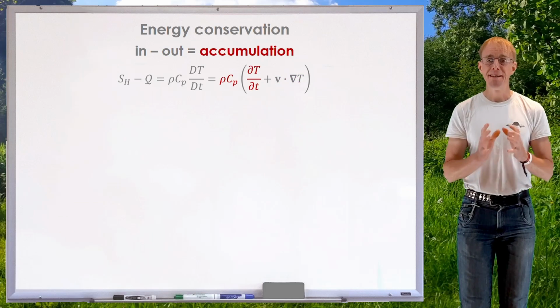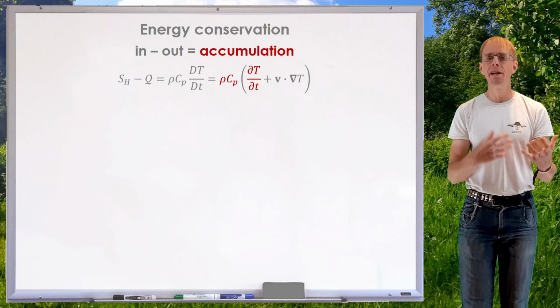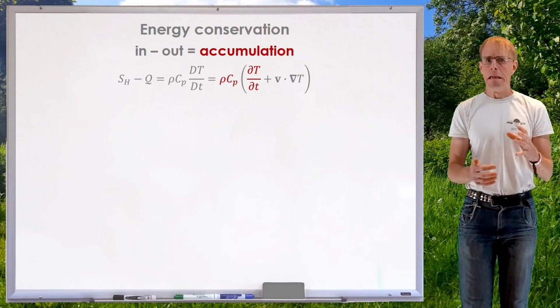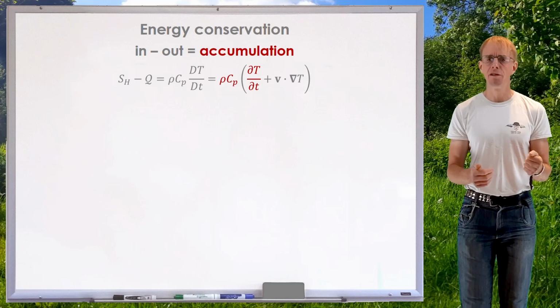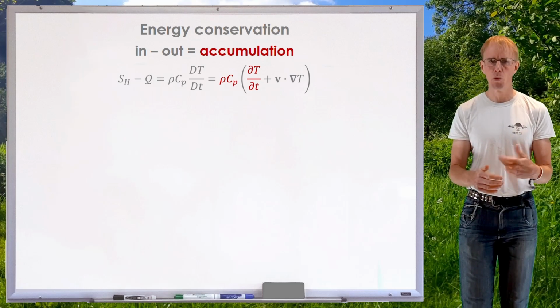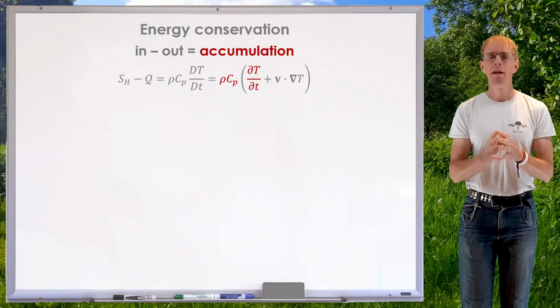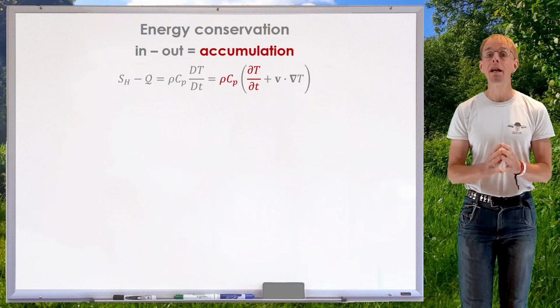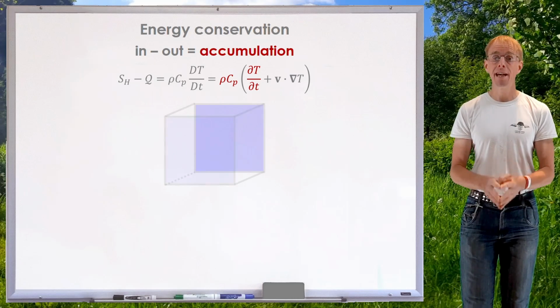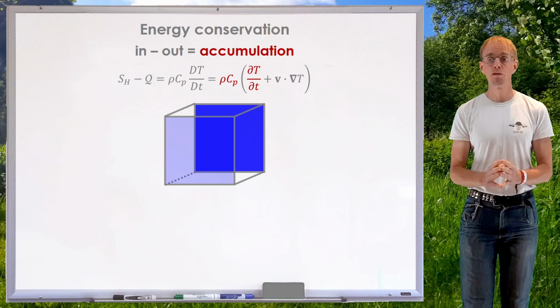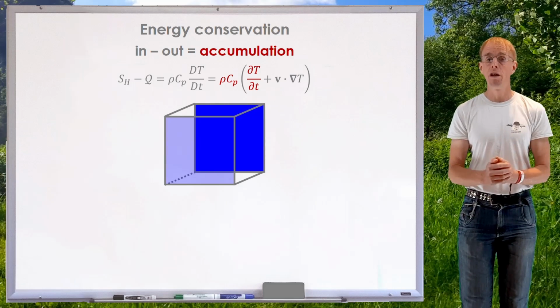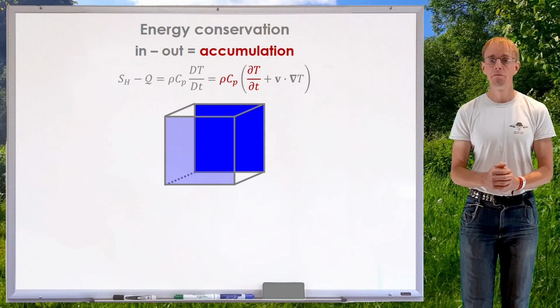Okay, let's look at the final term. We've done in minus out now, where in could be in or out depending on the sign of the terms, and out could be out or in depending on the sign of the terms. Let's look at the right-hand side, the accumulation term. So again, let's think of this as my little control volume. It might be cold to start with at time t equals 0.